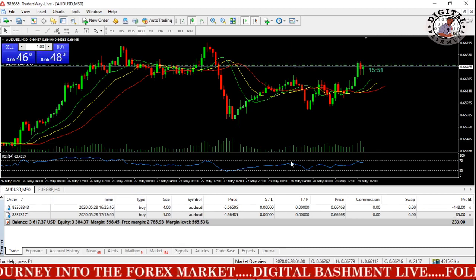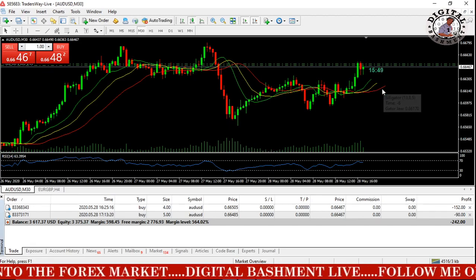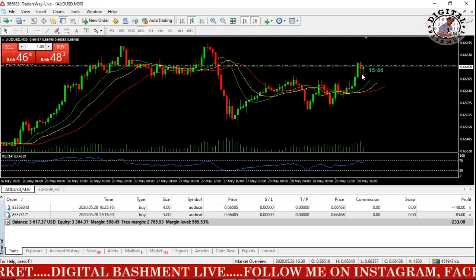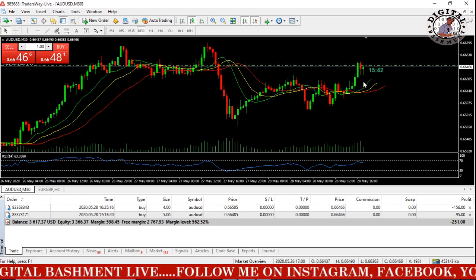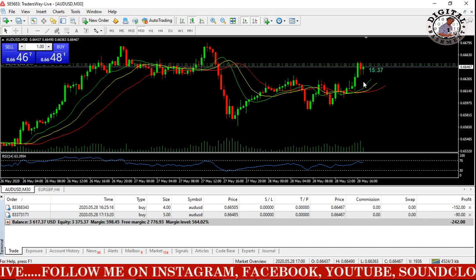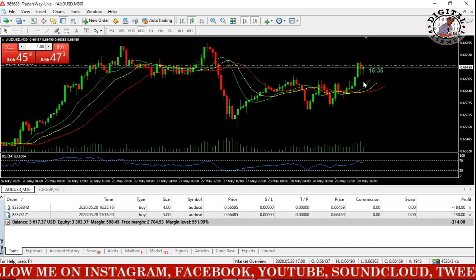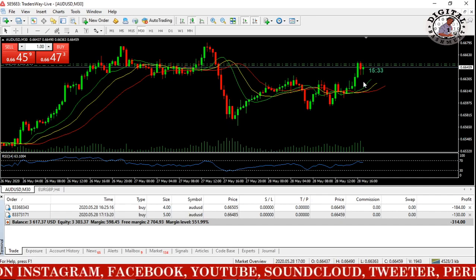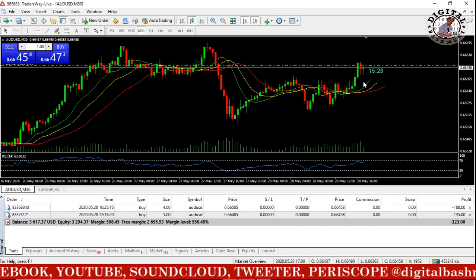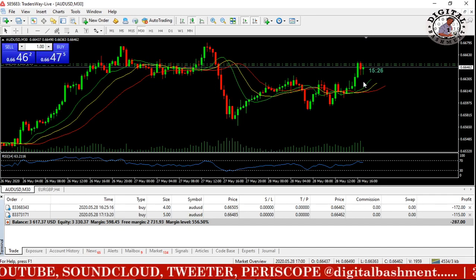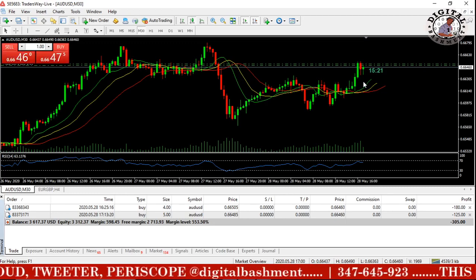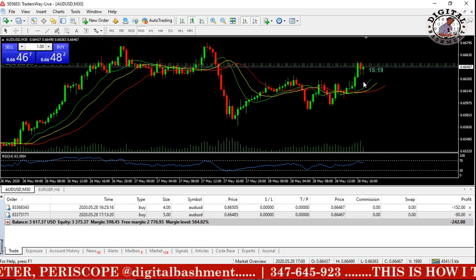So I was saying about the wicks a while ago. Sometimes you want to pay attention to the wicks because they give you an indication of the direction the next candle is going. With a bearish candle, if there's a strong wick on the top, then the sellers really came in hard and pushed the price down.